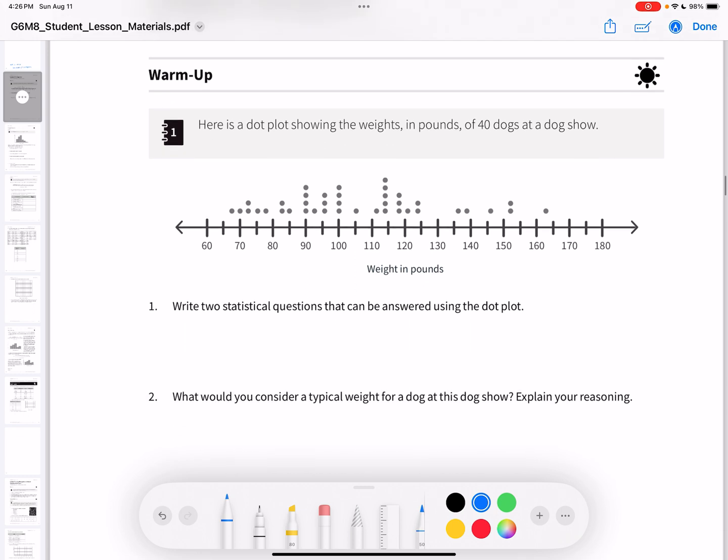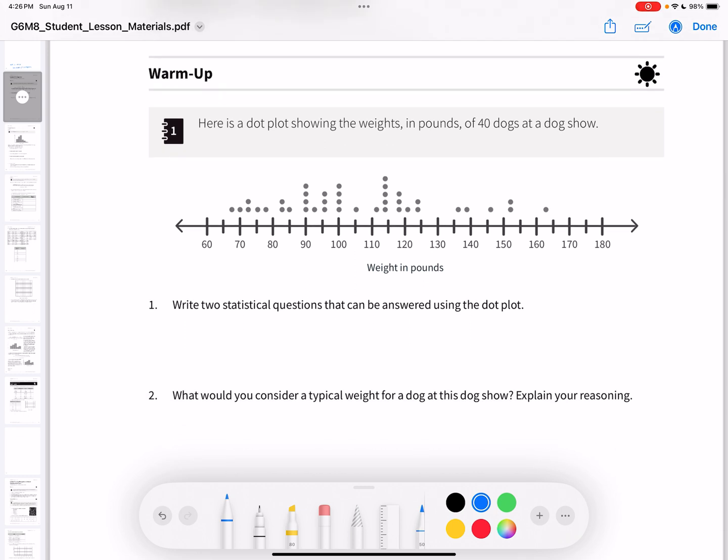All right, let's start with our warm-up. Here's a dot plot showing the weights in pounds of 40 dogs at a dog show. So we have 40 dogs. That means there should be 40 total dots. 1, write 2 statistical questions that can be answered using the dot plot. There's lots of ones that you can choose, but I'm going to do: how many dogs weigh exactly 70 pounds?